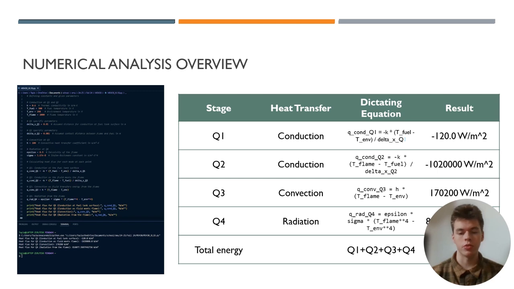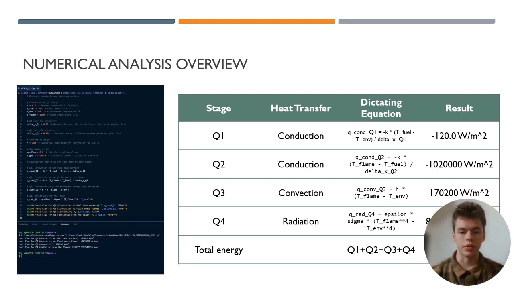Some flamethrowers just use a little spark, and then the flame on the other side of the holder gets it going. But in this case, the flame holder is consistent. That came out to be negative 1,000,000 and change watts per meter squared.